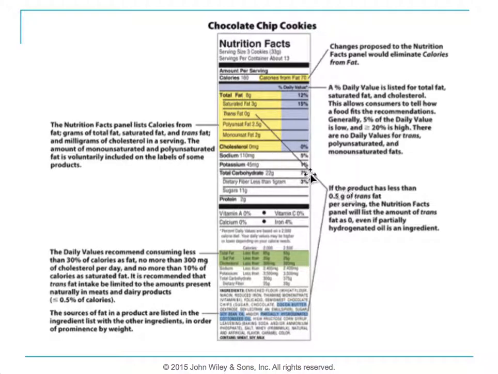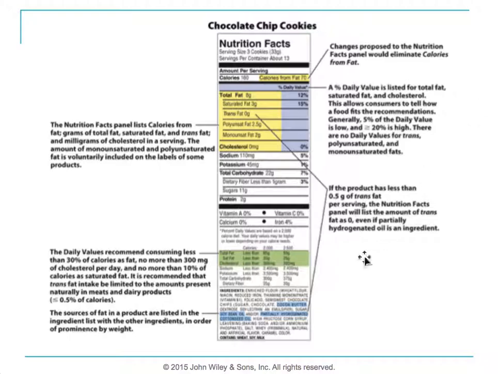But if you look up here, the serving size is 3 cookies. I don't know what kind of cookies these are. These might be really small cookies. Maybe you sit down and eat 6 cookies or 9 cookies, and suddenly you're eating multiple servings.